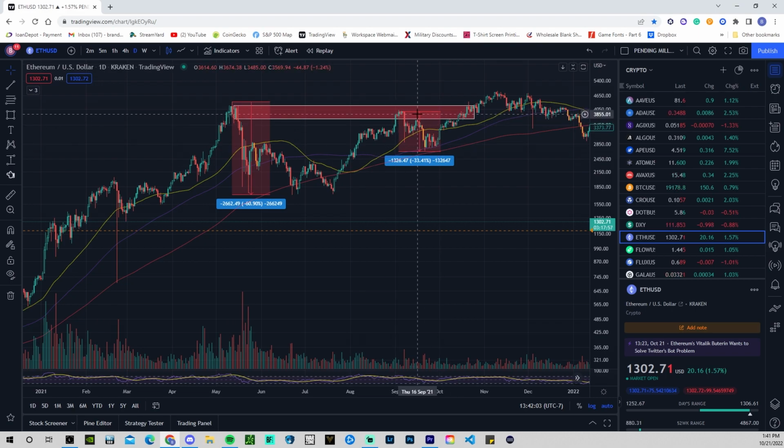We already have a supply zone. We know the percentage of the sell-off. Within this run up, we have created a demand zone, right? Supply came in, we sold off, corrected ourselves by 60%. We consolidated. Buyers and sellers were fighting amongst each other, trying to figure out if Ethereum at the time was overvalued or undervalued.